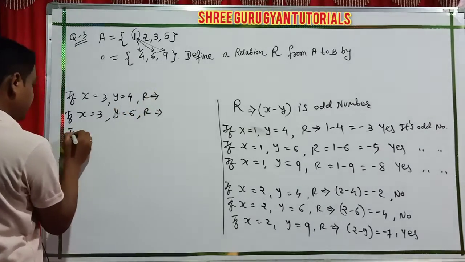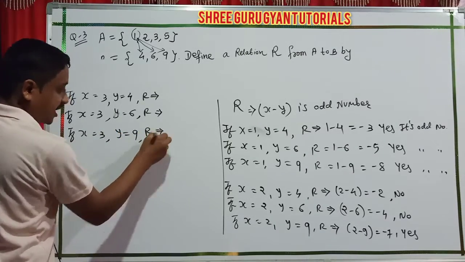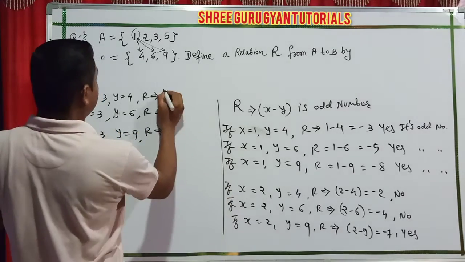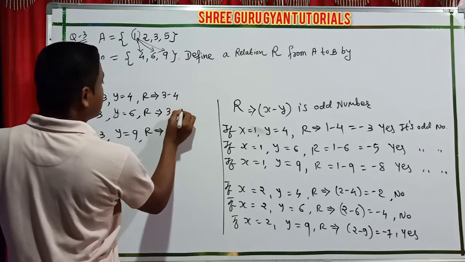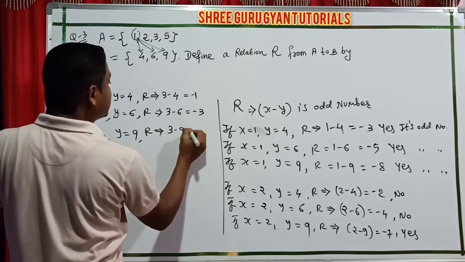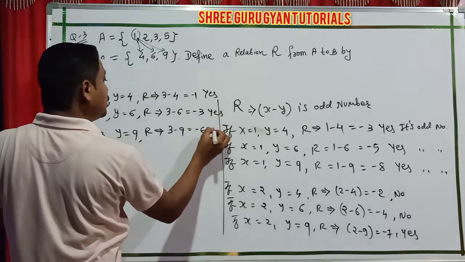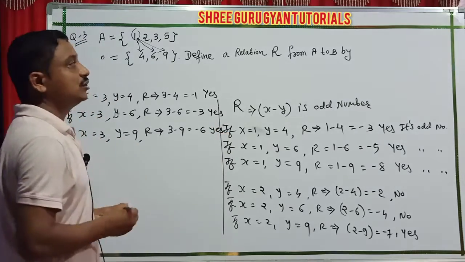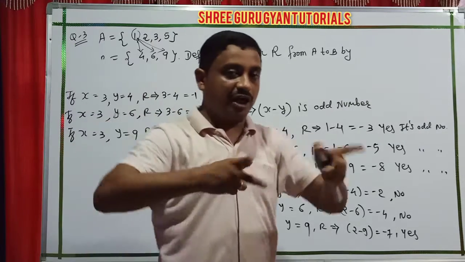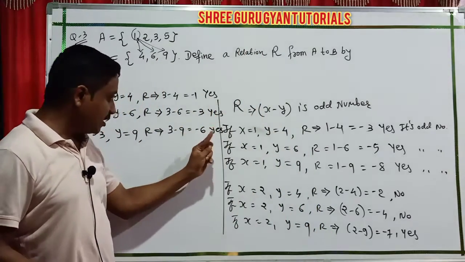And if x is 3 but y is 9, here also relation R is ready. Check the differences: 3 minus 4, 3 minus 6, 3 minus 9, it is minus 1, minus 3, minus 6. Yes, students, you also take these out. Your values for A and B, both subtractions, are odd number and odd number.